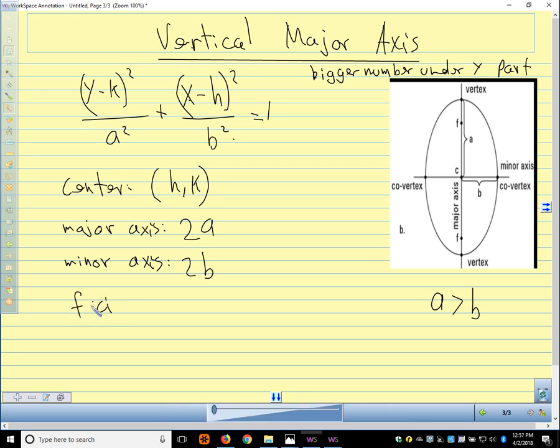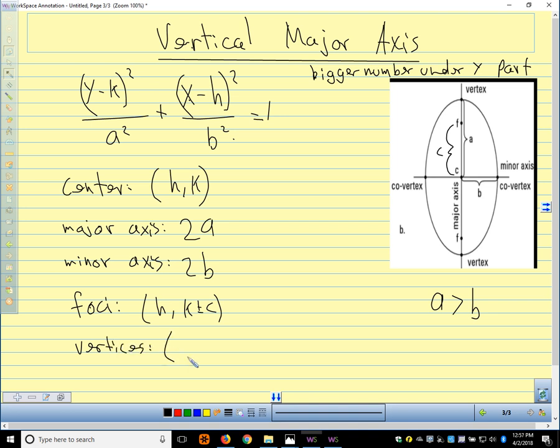Our foci. Well, this time, to get to the foci from the center, I have to go up and down. And c tells us how far to move up or down. So I'm going to go (h, k plus or minus c). My vertices. a tells us how far to go from the center to get to the vertices.